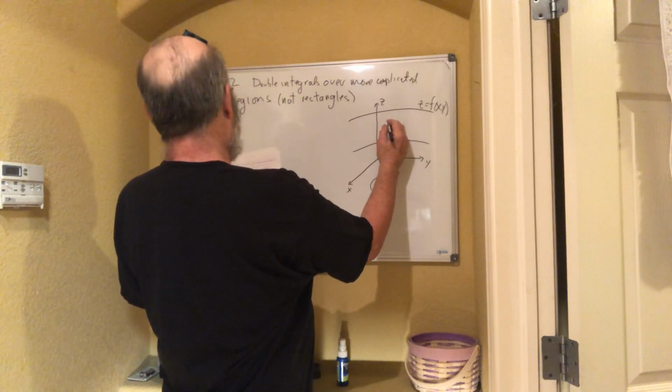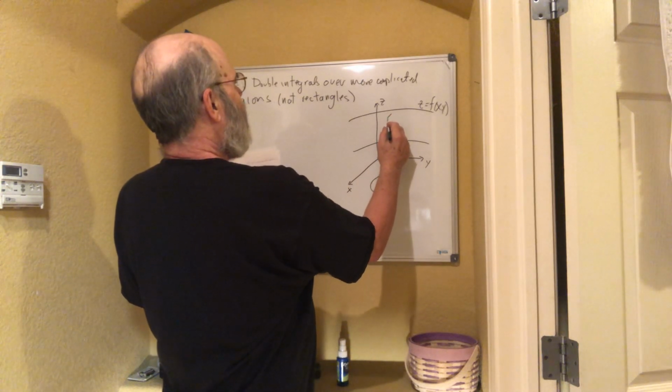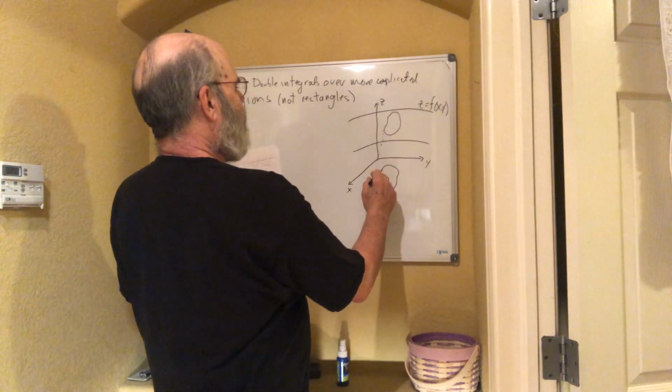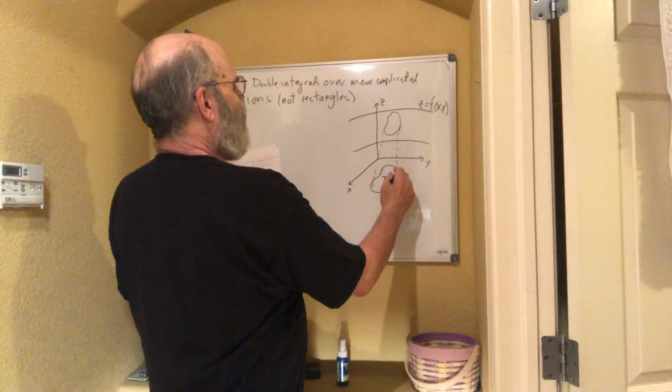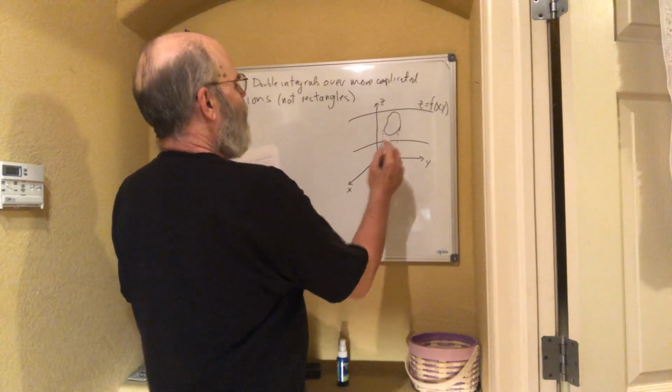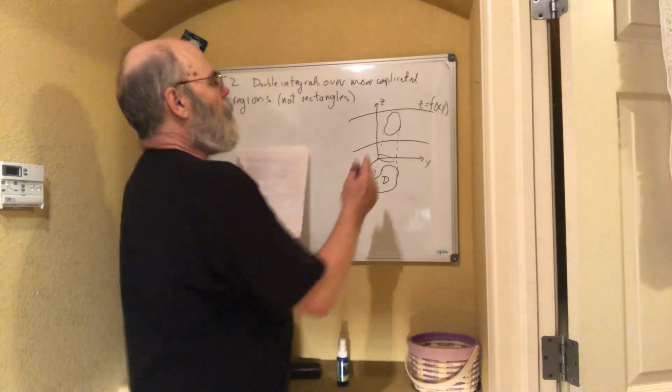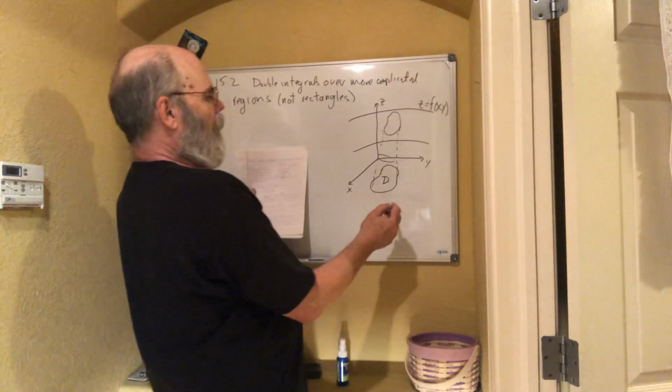Well, up here on the surface, there it is again, and kind of think of it as a kind of cylindrically shaped thing. Okay, so again, up here is the function z is f of x, y.